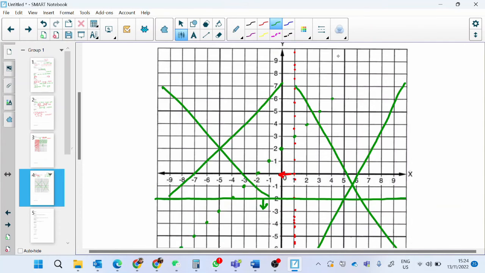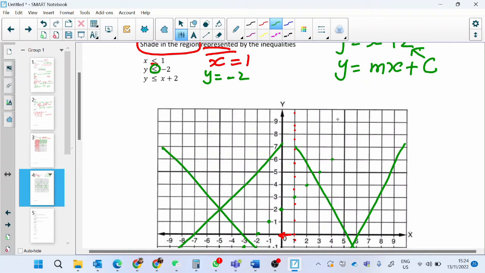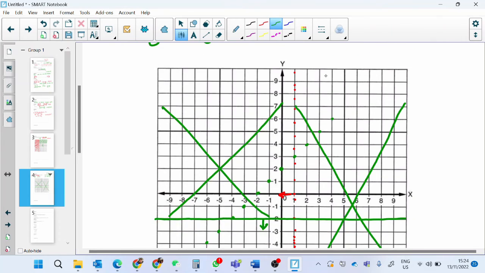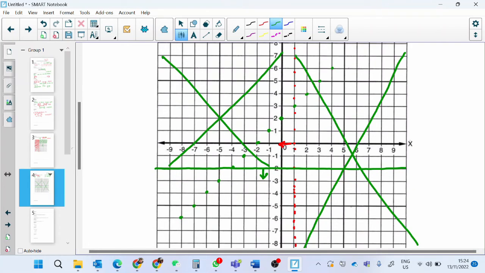Okay, and here it says that it's inclusive. Y is smaller than or equal to, so that means it's inclusive, so I have to draw a solid line all across. And smaller than, so y is below this line. Finally we are left with this region, because the region above this is also not required.